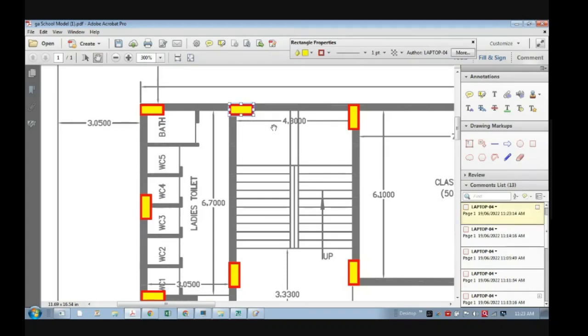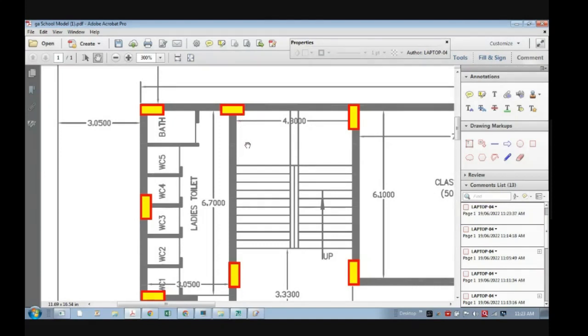Take this here. No, so center. Which center? The center of the column within the wall. Again, it is coming inside. The offset is coming here again.